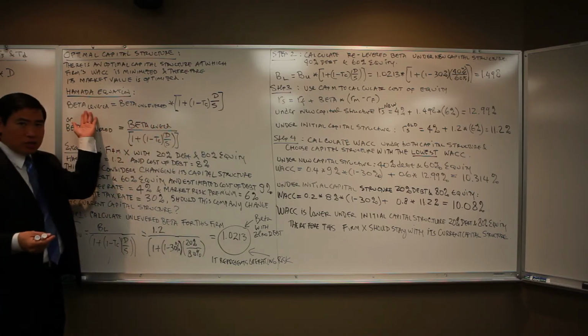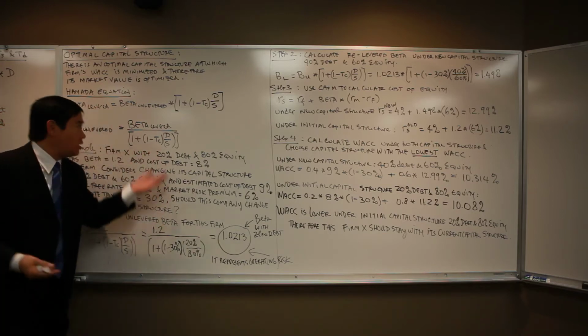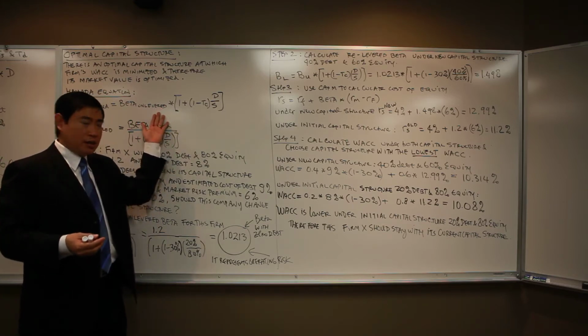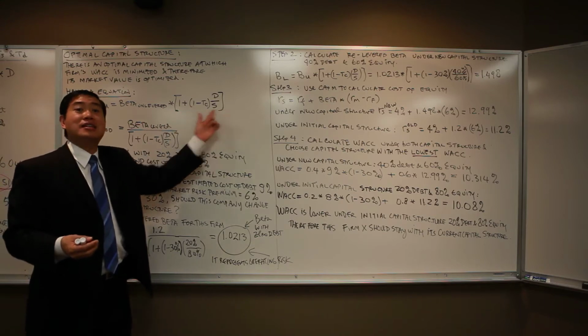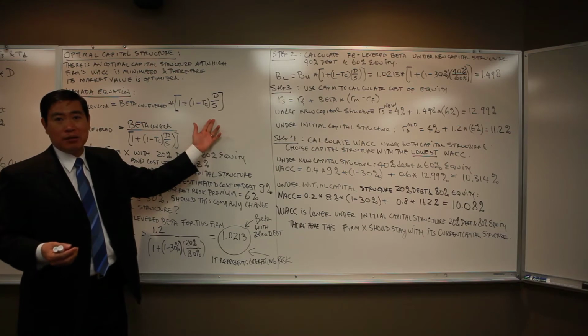The Hamada equation explains that the beta for a firm with debt financing is equal to the beta for a firm with zero debt multiplied by 1 plus the after-tax debt-to-equity ratio. Why is it 1 plus? It's basically like compounding, right?